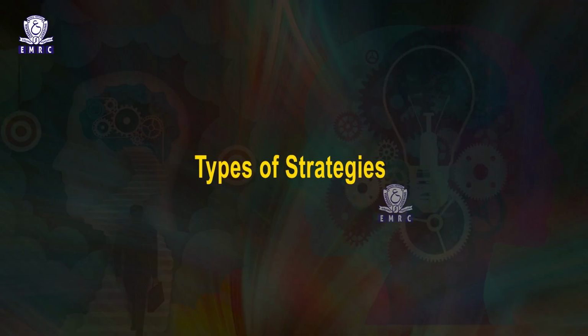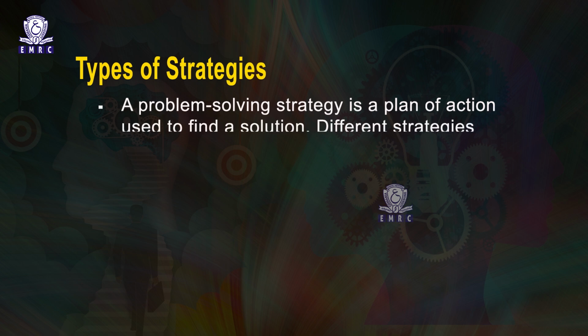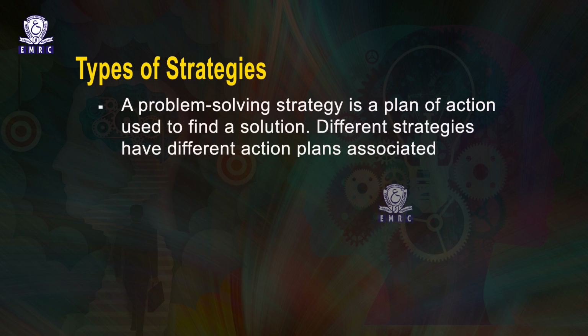We must have the ability to solve different types of problems using different types of solution strategies. So, now we see what are the types of strategies. A problem solving strategy is a plan of action used to find a solution. Different strategies have different action plans associated with them.